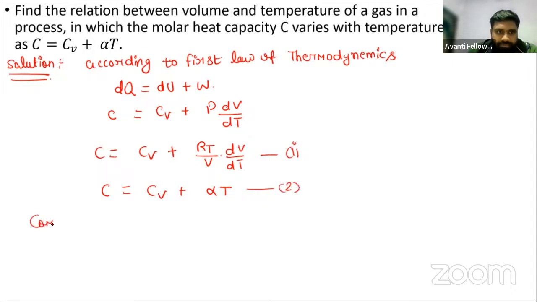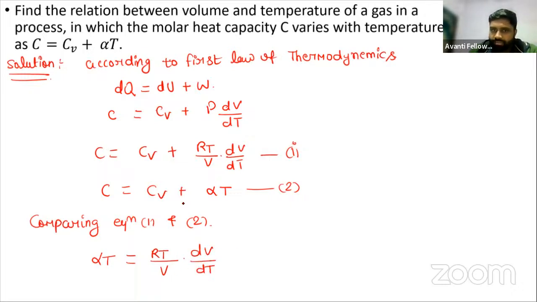Now comparing equation 1 and 2, what do you have? You have alpha T is equal to RT upon V into dv upon dt, because cv and cv got cancelled out.